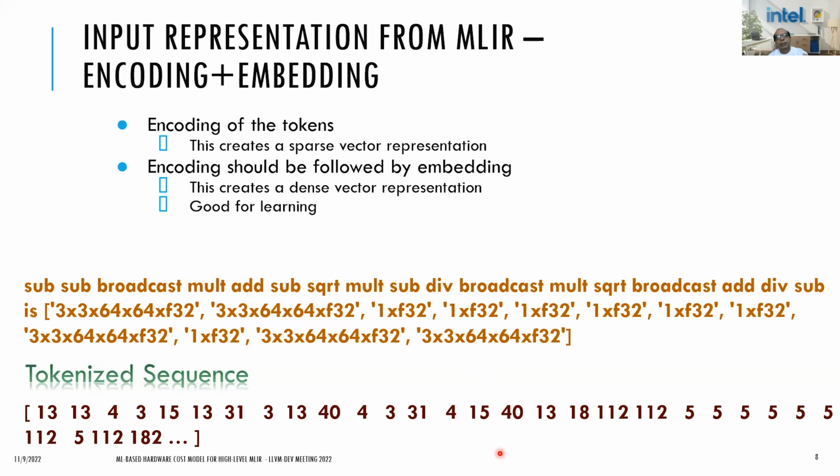And this embedding can be done as a pre-training, as we've seen with transformer or BERT, where you do a pre-training and do an encoding. Or you can do embedding while you are doing training. And that's what we are going to do here. We have done embedding as part of the training.